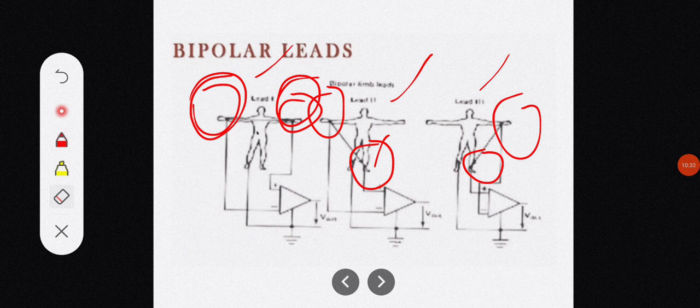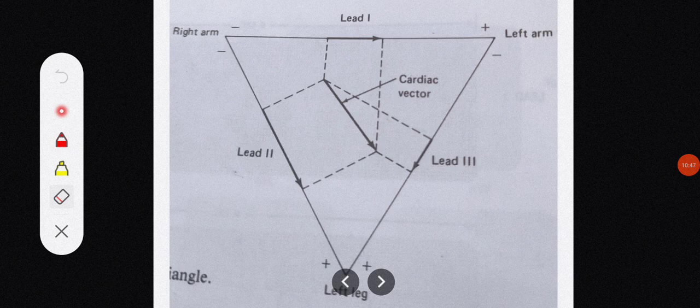Now, in working with electrocardiograms from these three basic limb leads, Einthoven postulated that at any given instant of the cardiac cycle, the frontal plane representation of the electrical axis of the heart is a two-dimensional vector. So this is the cardiac vector, the two-dimensional electrical axis of the heart.